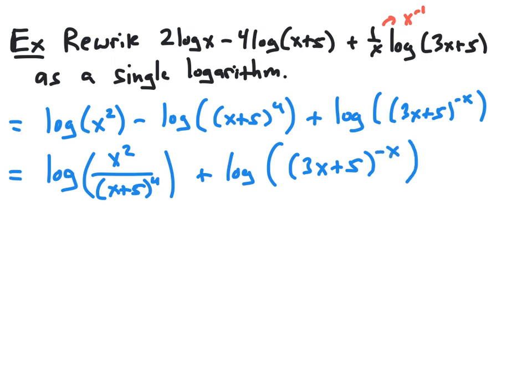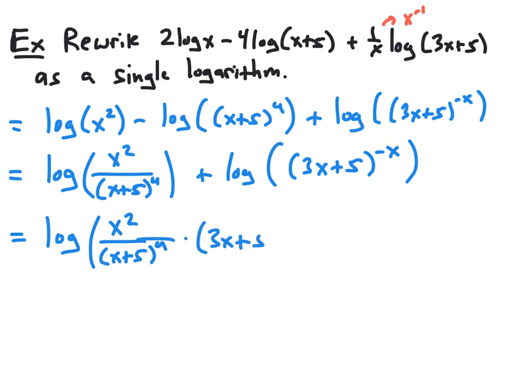Right, and now we're adding these two logs, and that means we want to use the product rule to multiply these together. So x squared over x plus 5 to the fourth multiplied by 3x plus 5 to the negative x.